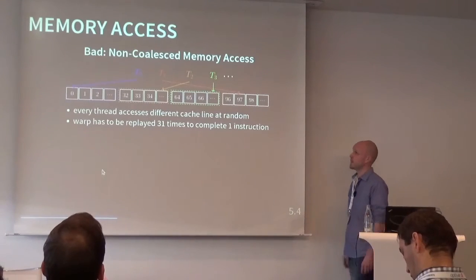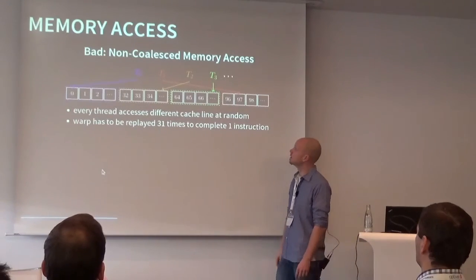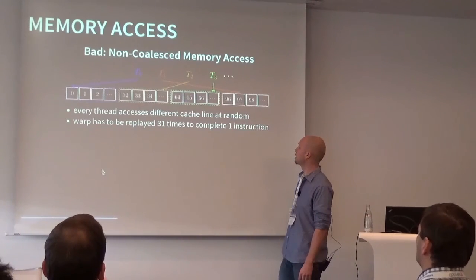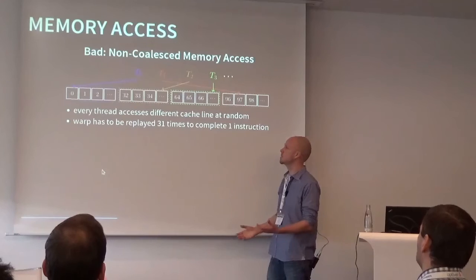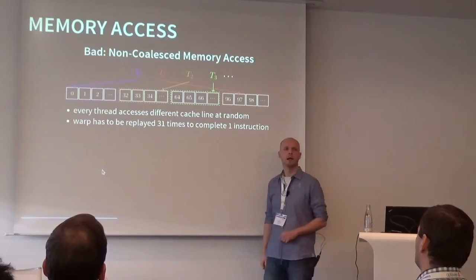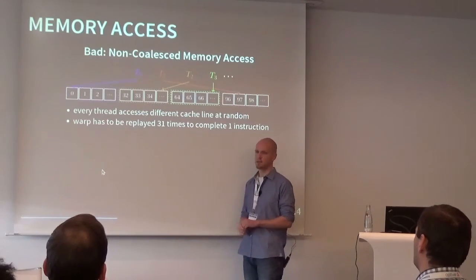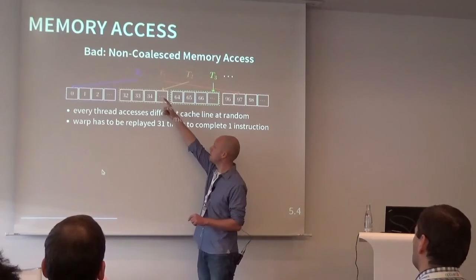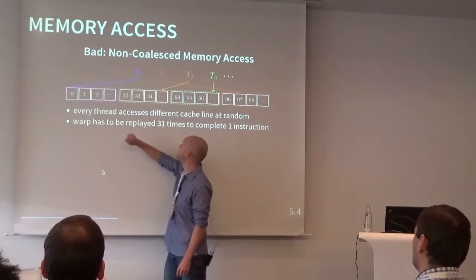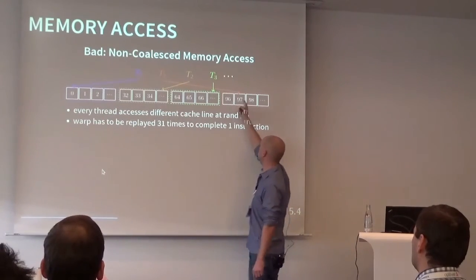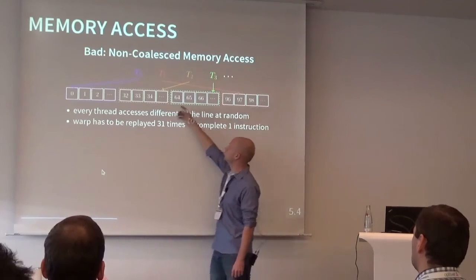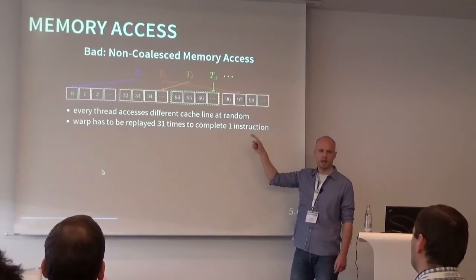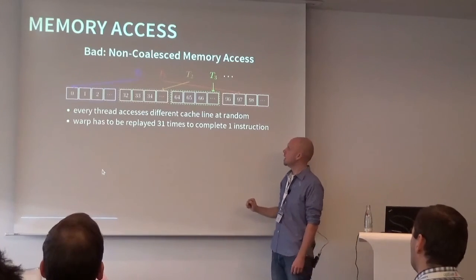Another thing which bites many people that just start is memory access on the device. I just took 4 threads within a warp. Let's imagine that you just program away and you have a program that randomly accesses memory. And I really mean random. So thread 0 accesses the first cache line. Thread 1 goes to maybe the last one, wherever, thread 2 to the second, and so forth. This is a pretty bad setup, right?